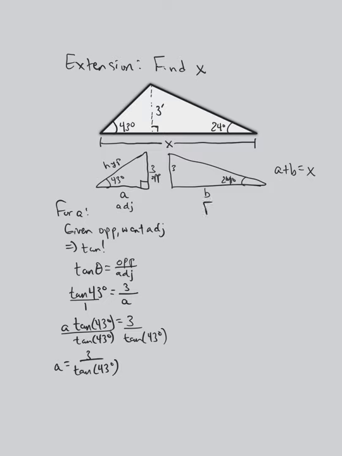Then for b, we label this triangle side. Here's my right angle, so the side opposite it is the hypotenuse. Here's my given angle, and so again 3 is the opposite side, which makes b the adjacent side. We're given the opposite again, and we want the adjacent.